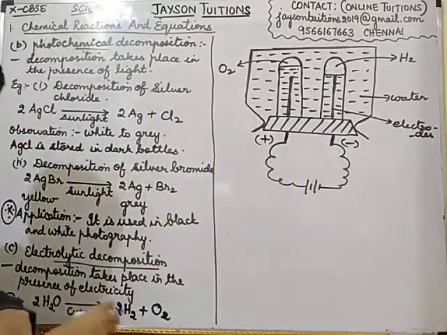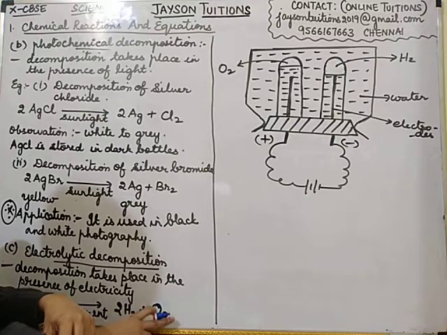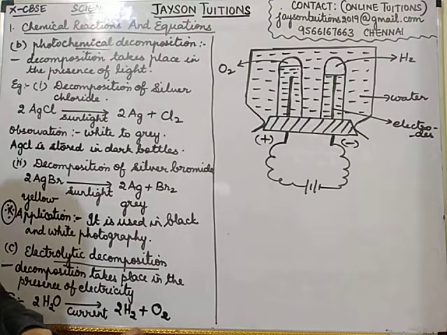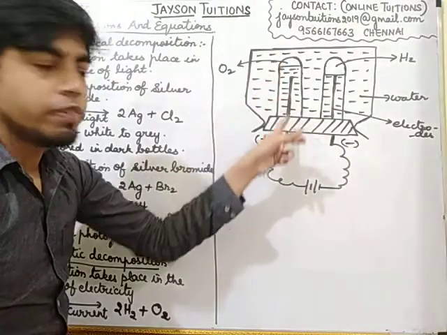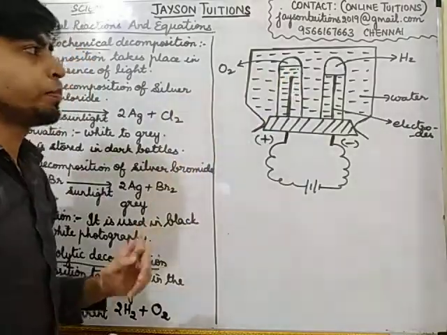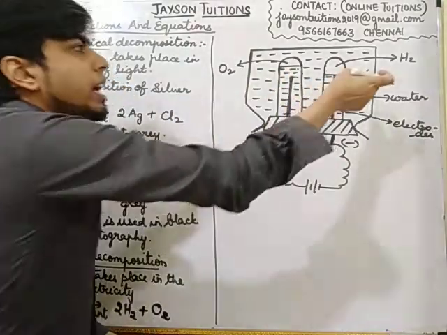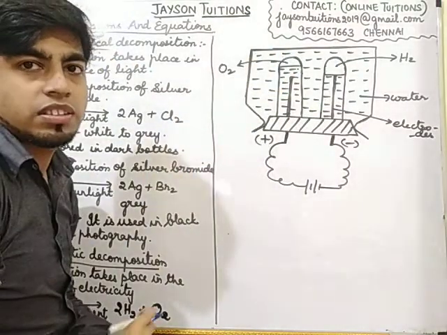With the help of this activity, we can illustrate that water on decomposition with the help of current gives hydrogen and oxygen. Hydrogen will be collected in the negative electrode and oxygen in the positive electrode inside the test tube. Now how can you find out which gas is hydrogen and which is oxygen?